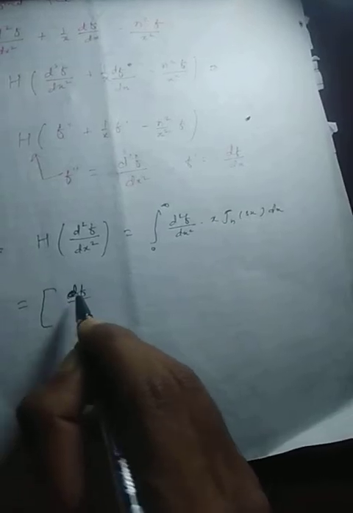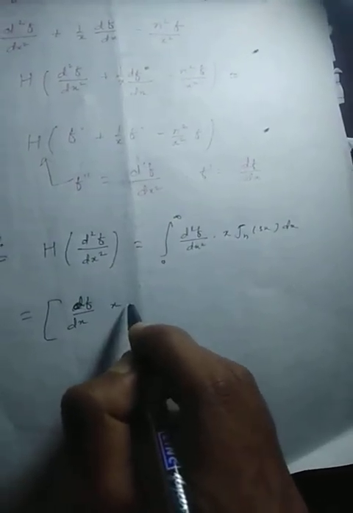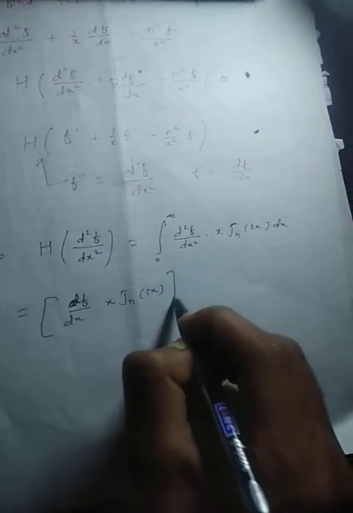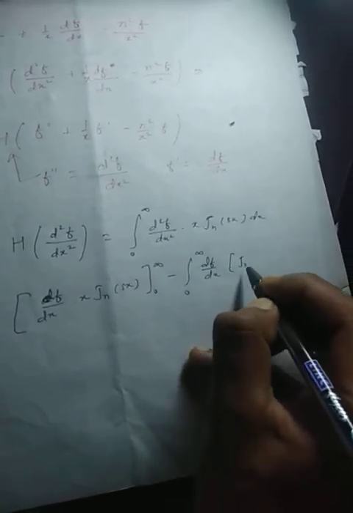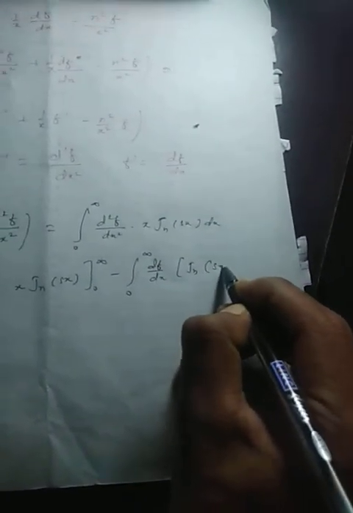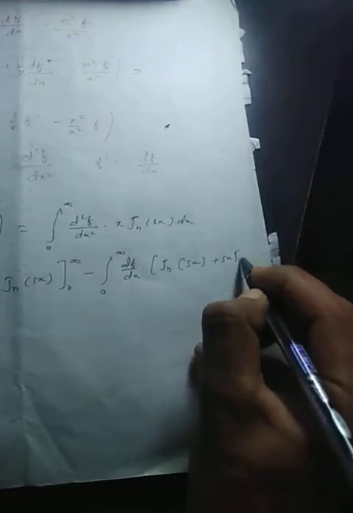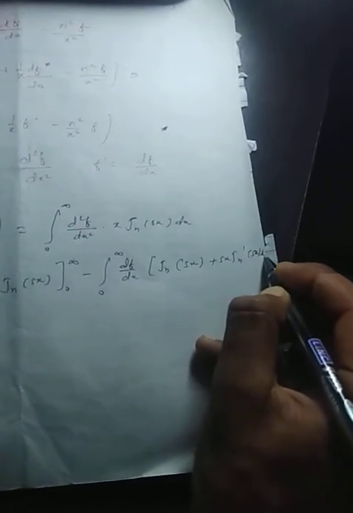If you don't know what Jn(sx) stands for, just cram the solution, because you don't have so much time to go through the details. After the examination you will have enough time to think over this. This equals [x df/dx Jn(sx)] from 0 to infinity minus the integral from 0 to infinity of df/dx [Jn(sx) plus sx Jn'(sx)] dx.